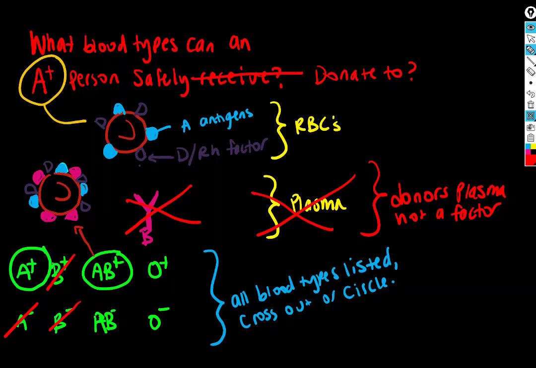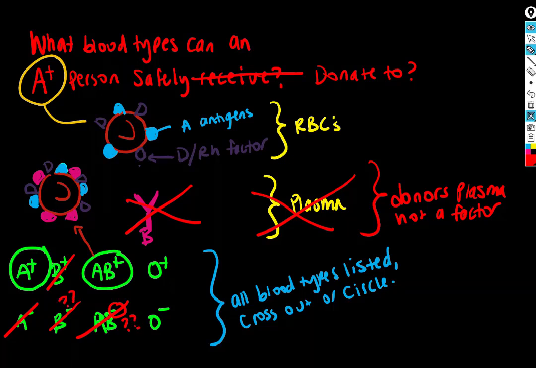So if an A positive person is going to donate to somebody, it's just that their A positive red blood cells are going to intermingle with the red blood cells of the recipient. And so that means that AB negative is possible. Or AB positive is possible. AB negative, however, no, because again, we don't know about the exposure status of this minus person.